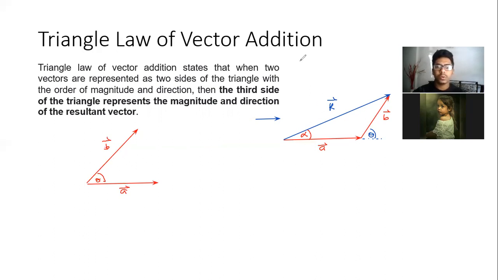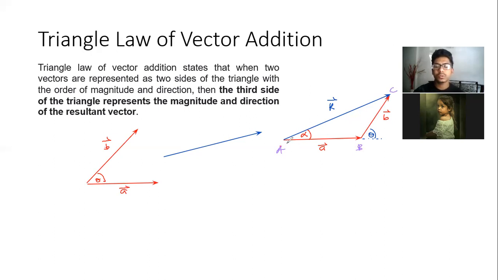So from the triangle of vector addition, you can write this. If I take this as a triangle, let's say triangle ABC, right?